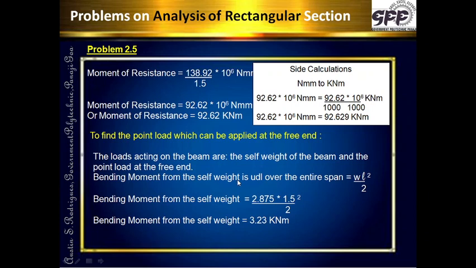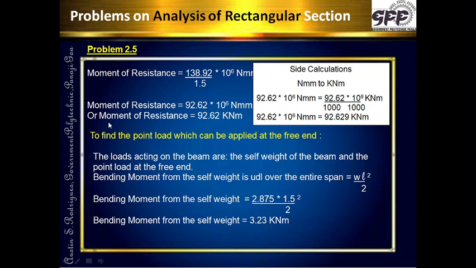Now this W is the cross section of the beam, taken in meters, multiplied by 25. We get W as 2.875, multiplied by the span 1.5 squared by 2. So the bending moment from the self weight comes to 3.23.